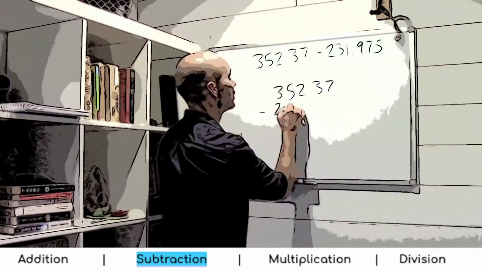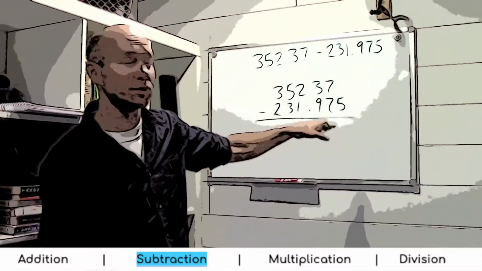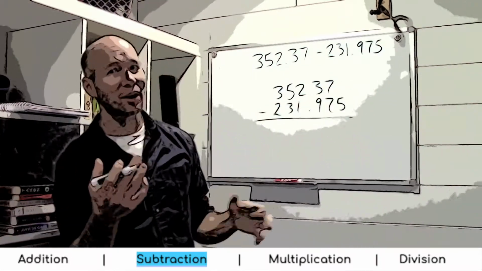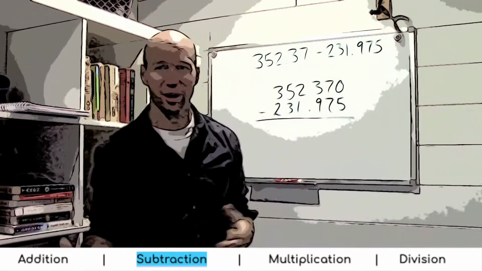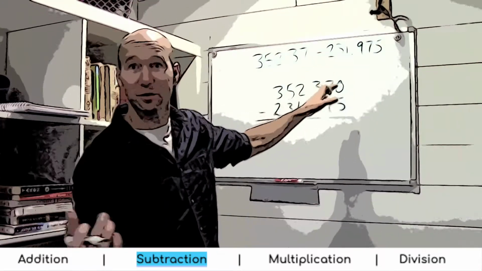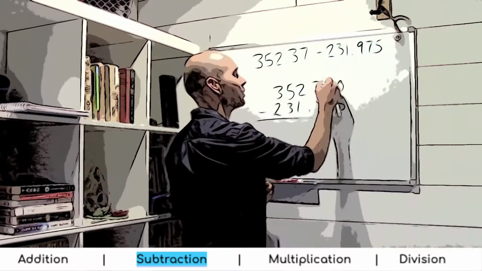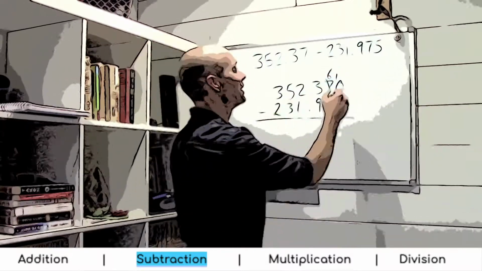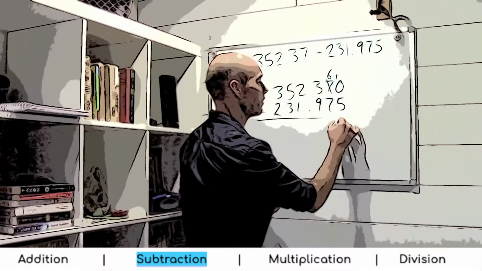Now I am going to subtract these, and the first thing I'm going to notice is that I've got nothing above that 5. When I'm subtracting, it's really important that I put a 0 on if I'm subtracting from nothing, because it's good to remind myself that the 0 is a placeholder for nothing. So 0 minus 5, I can't do that, so I'm going to make this a 6 and bring up a 1. Now I've got 10, and 10 minus 5 is 5.